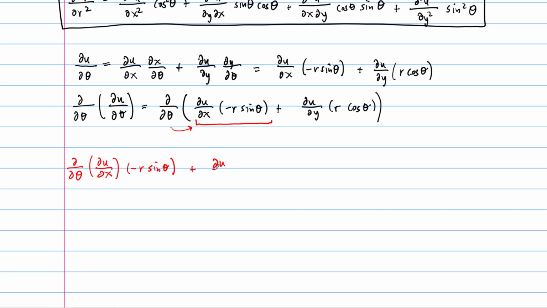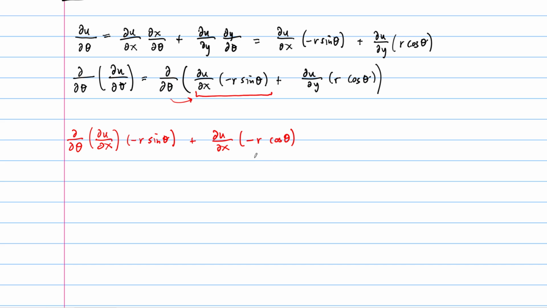Plus, leave du by dx alone, and multiply by the derivative of this, right? So the theta derivative of this is going to be minus r cosine of theta, right? So minus r cosine of theta. And at this point, we need to work this one out. So, yep, this is right.